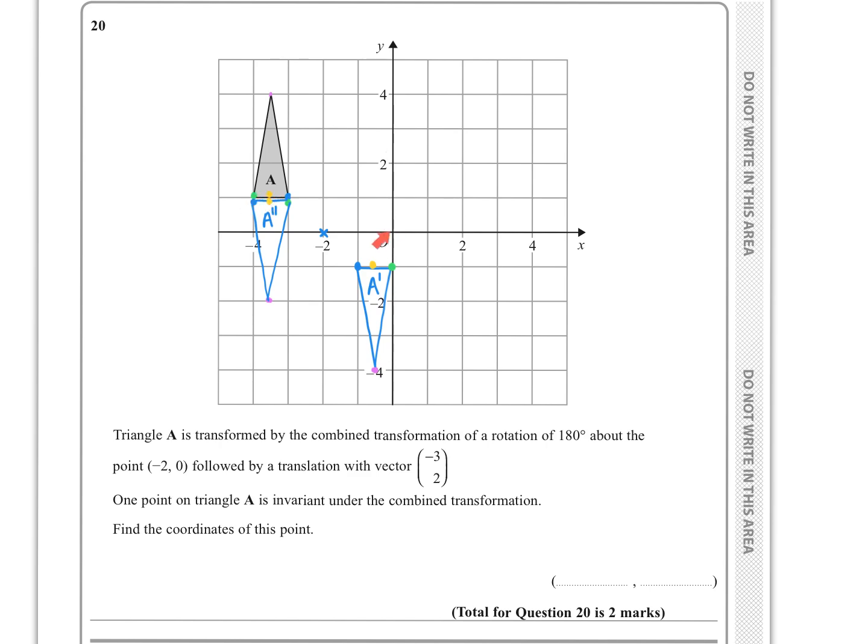So the coordinate would be -3.5, 1. Okay, so -3.5, 1. And I'm going to write that down clearly. Okay, so that's my best attempt there to try and explain that question. I hope it helped.